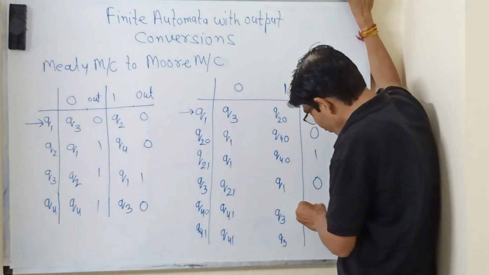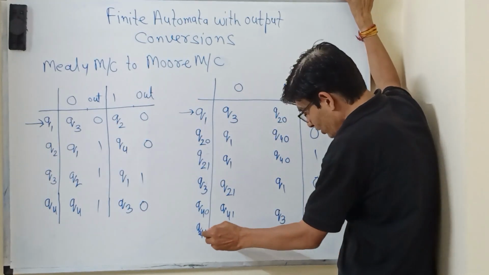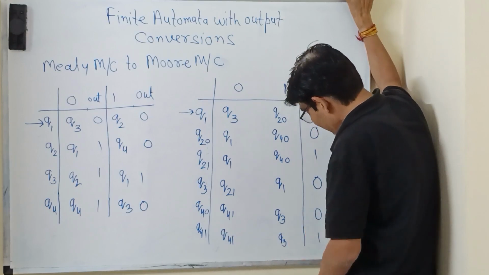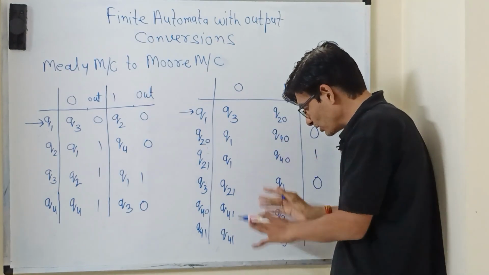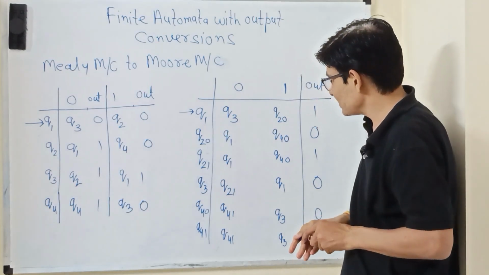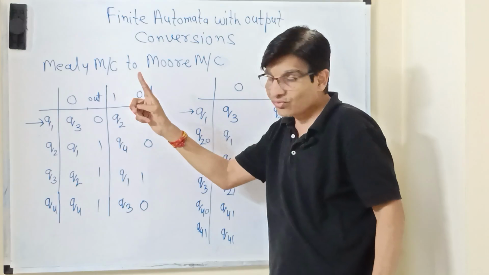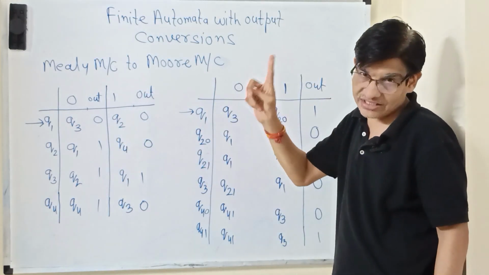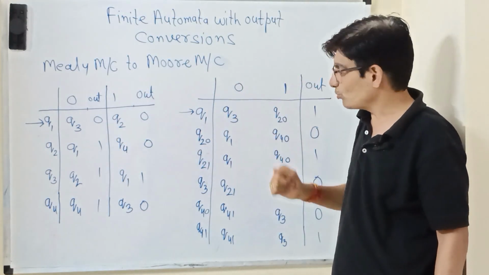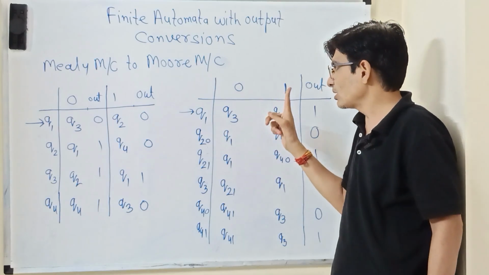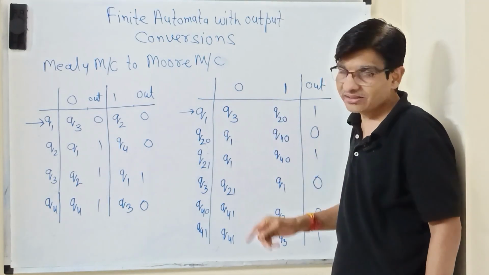Now for q4 0 it is 0, and for q4 1 it is 1. So this is the corresponding table for the Moore machine, and this is how we can convert a Mealy machine where a single state is associated with multiple output symbols into an equivalent Moore machine.